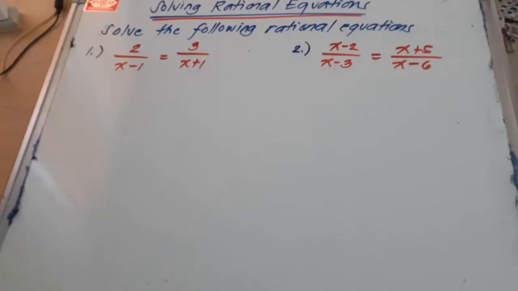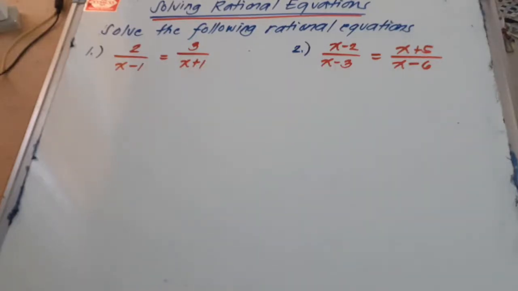Notice that in the given equation, there is a variable in the denominator. This is the characteristic of a rational equation. Okay? In solving a rational equation, it is necessary to consider that the denominator must not be equal to 0.